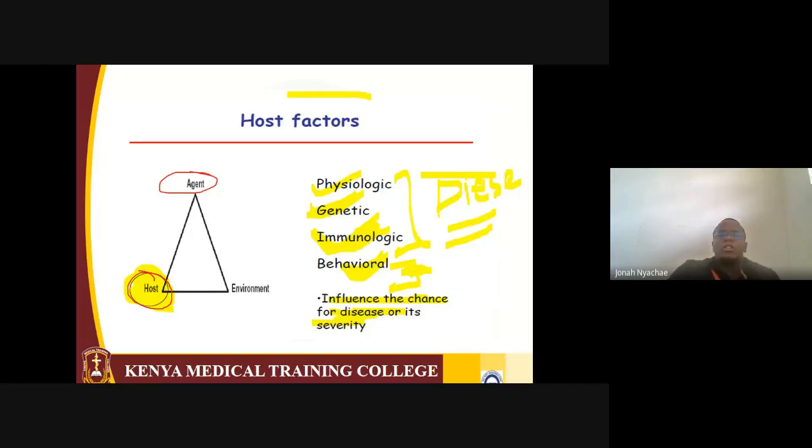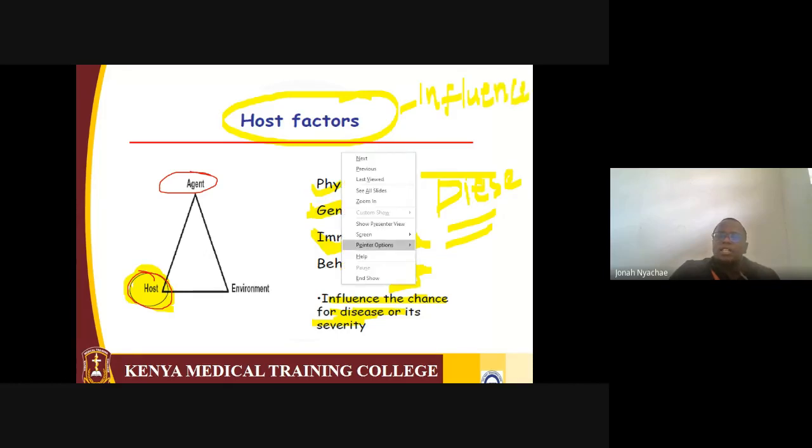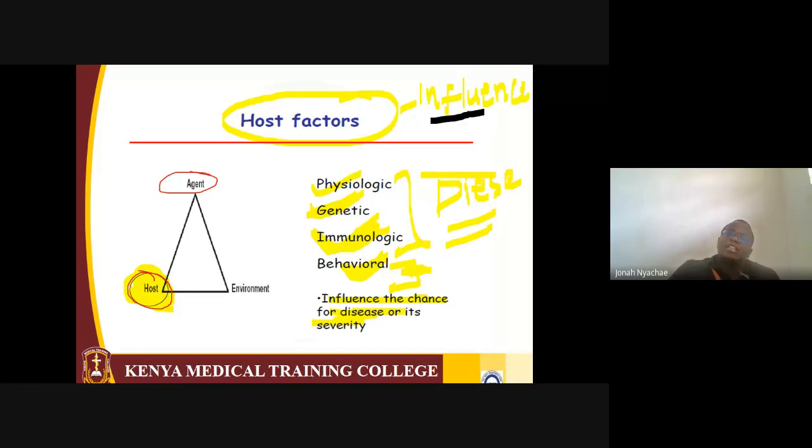So those are called the host factors. In a nutshell, the host factors are factors that influence the chance of getting a disease.